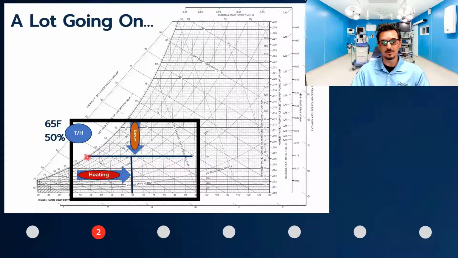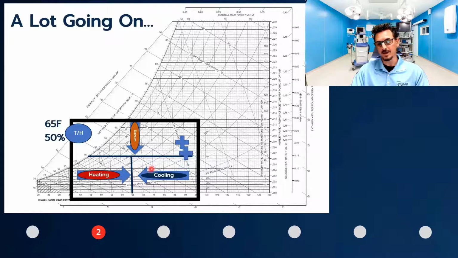If we're below the dew point set point, we have to choose whether to heat or cool the air. If we're in this range here, we heat the air up to achieve the space condition of 65. If we're to the right and below the dew point set point, in this quadrant, we cool the air down to make sure we're cool in the space. Those are the 3 primary sequences going on here.